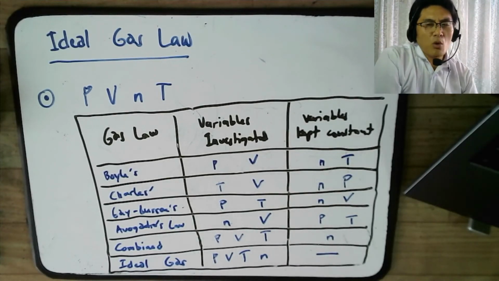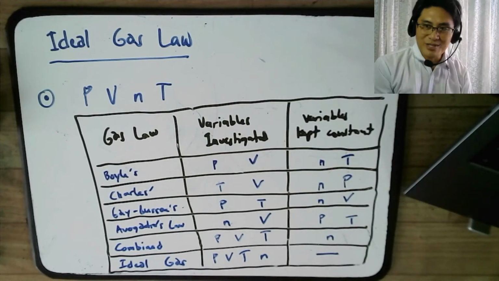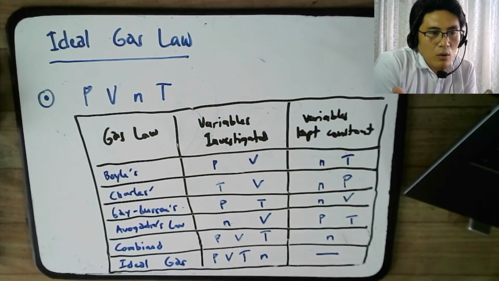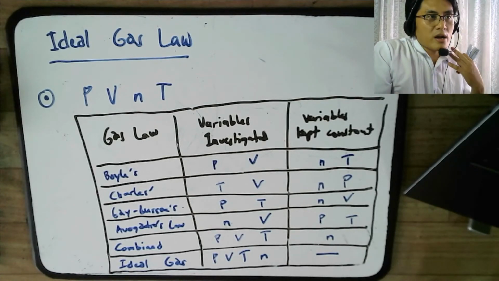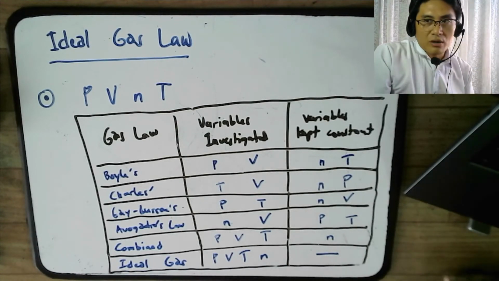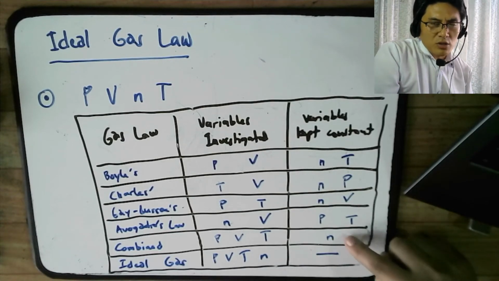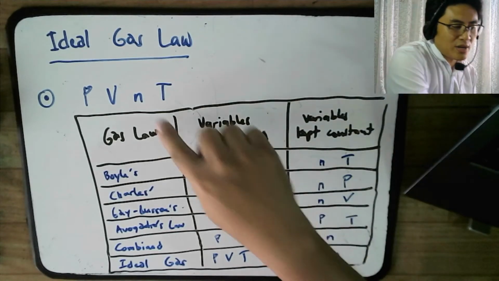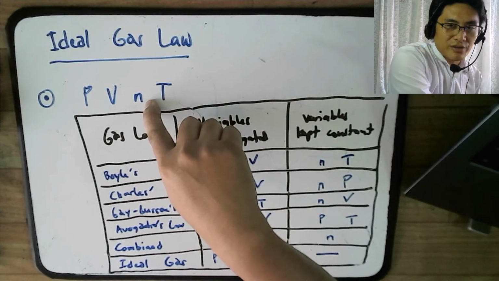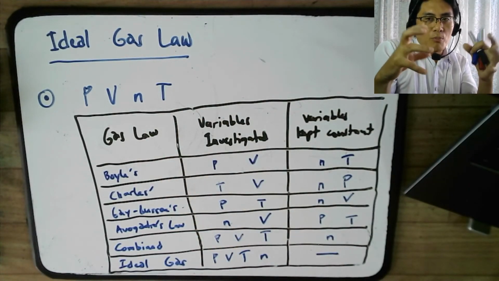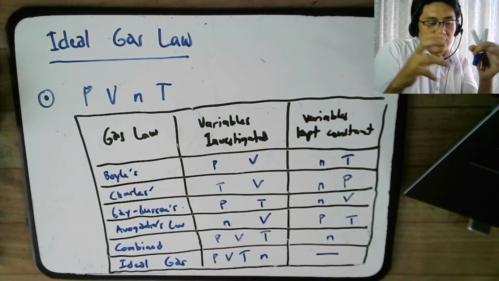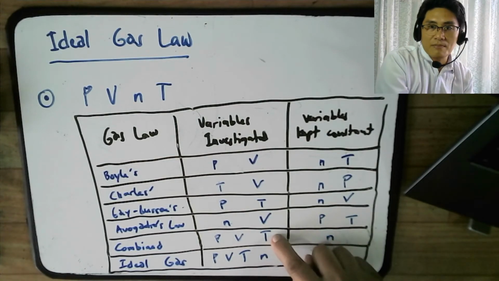So therefore, the most common setup is a container wherein the particles cannot escape, or wherein you cannot add more particles to the container. So the most logical setup is where you keep the number of particles constant, because the container is enclosed, or again, no particles can get in and no particles can get out. So that is the most common setup.